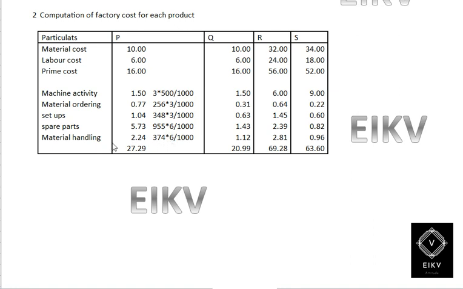This is the number of handlings required for manufacturing of the total production, divided by 1000, which is the quantity produced, will give 2.24. In the same manner we can do it for all other products Q, R and S, and when we take the sum we will get the cost as 27.29, 20.99, 60.69, 28 and 63.6.